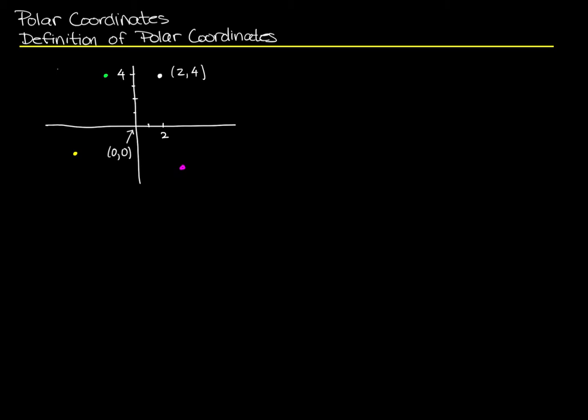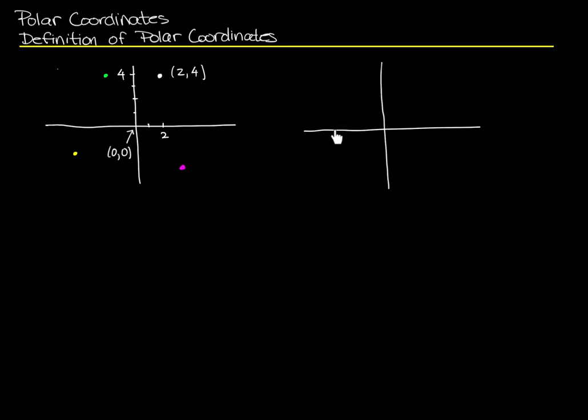But that's not the only way to describe the location of a point. Here's another one. What if, instead of going from the origin to the right and then up, or to the right and then down, or to the left and then down, for example, what if instead I went out a certain distance and then around, as though I were tracing an angle?